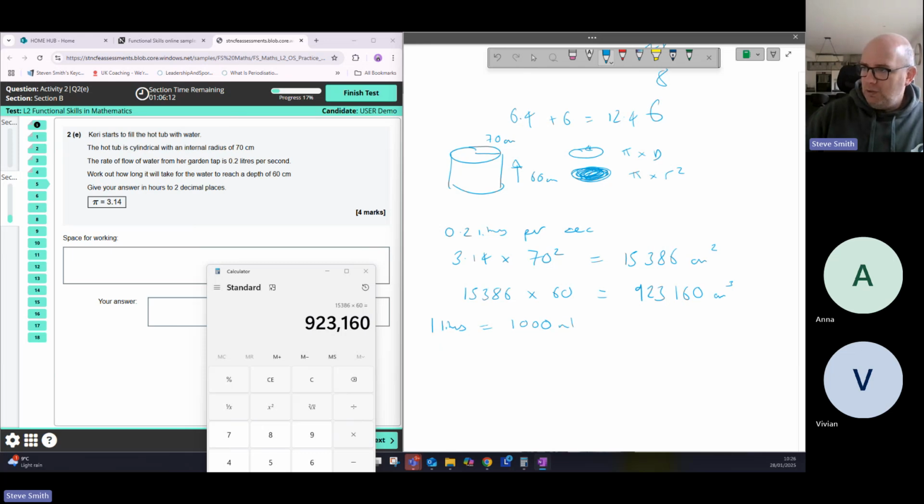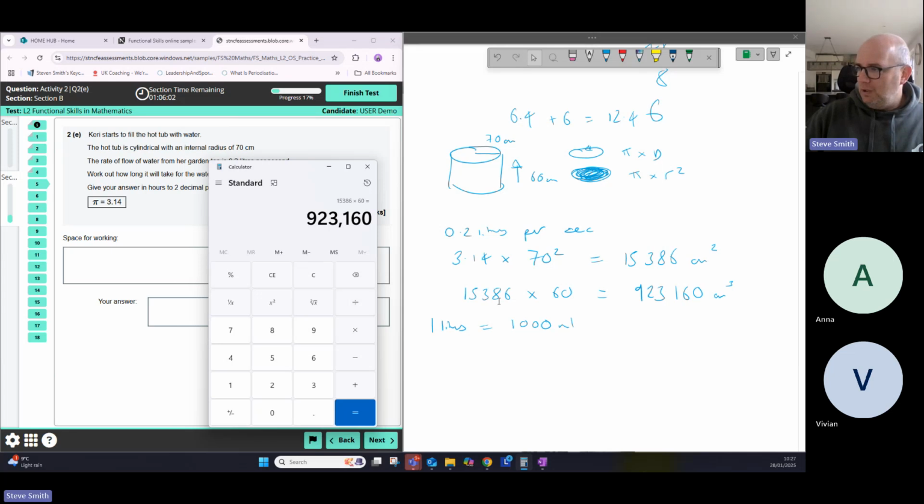So if it's going to go 0.2 liters per second, that's 1 liter every 5 seconds, isn't it?